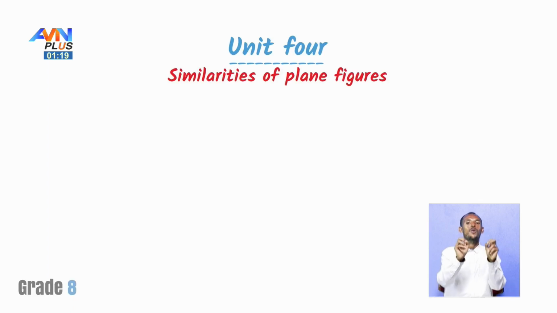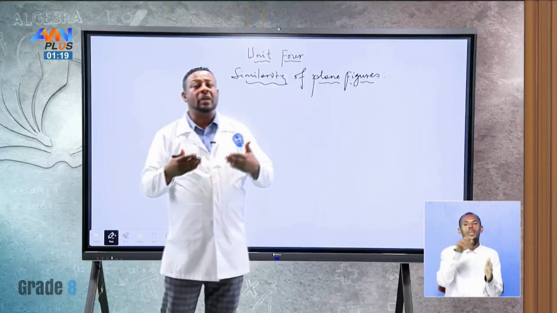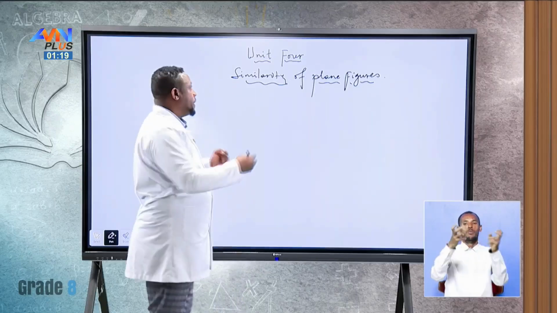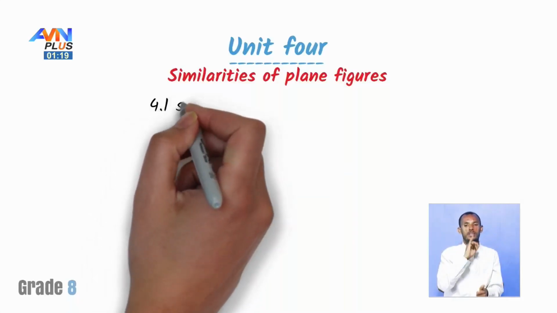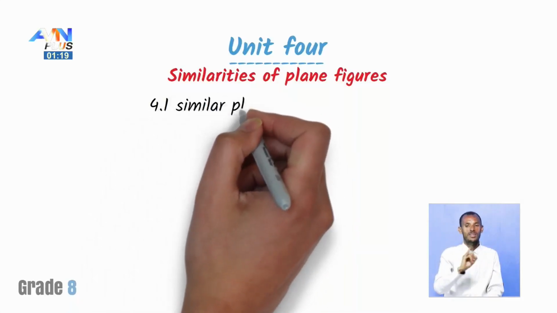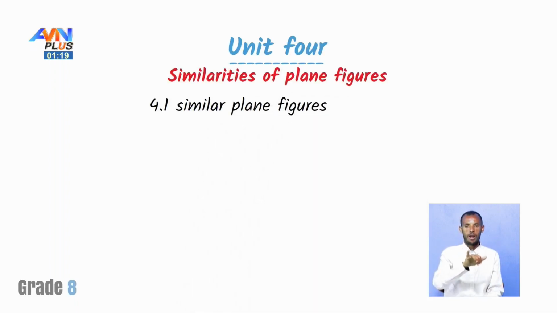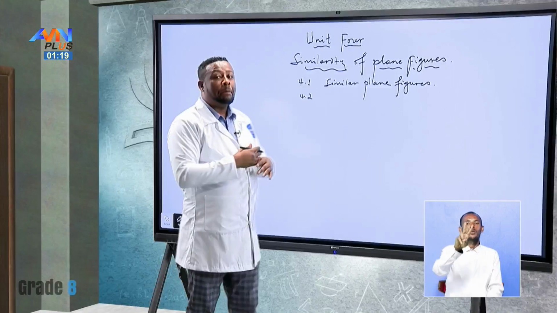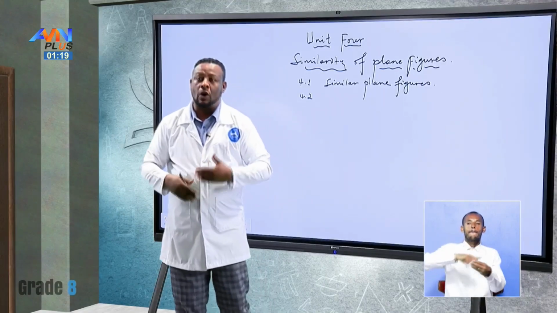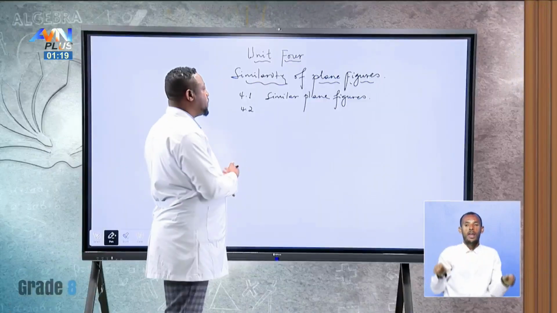Okay, in this unit, there are two major subtopics. The first one is 4.1, similar plane figures, and 4.2 is perimeter and areas of similar triangles.